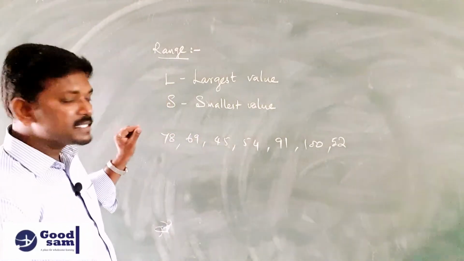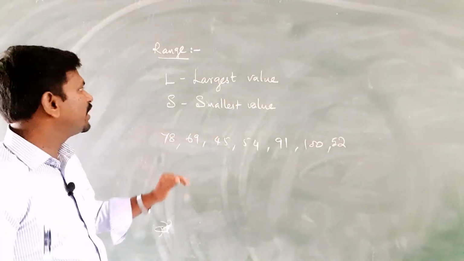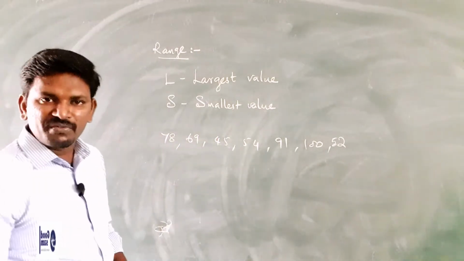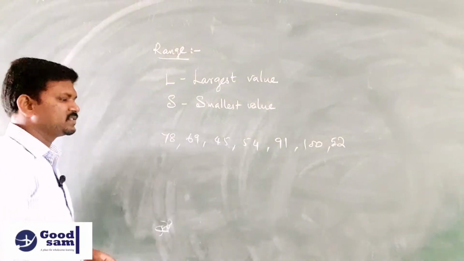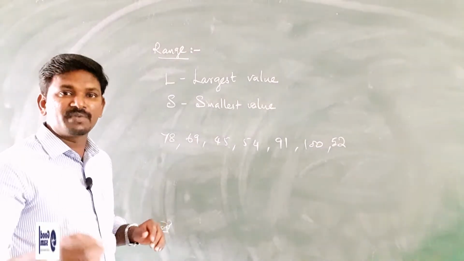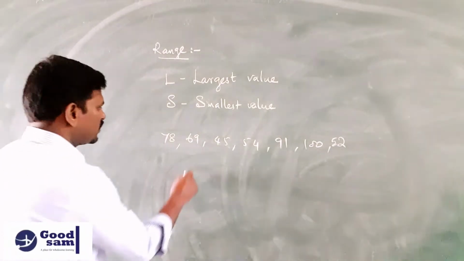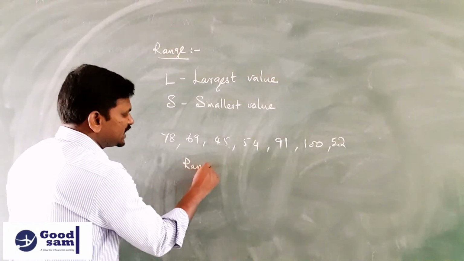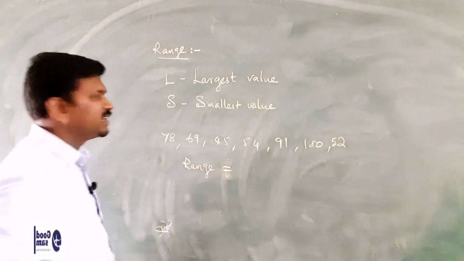In measures of dispersion we will find range, coefficient of range, variance and standard deviation. All these are some of the measures of dispersion. Here we have to find the range. Range of this data is equal to, what is the definition?